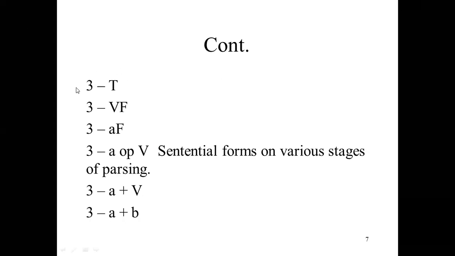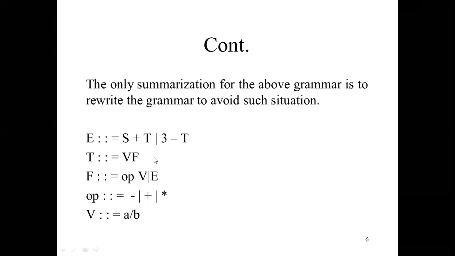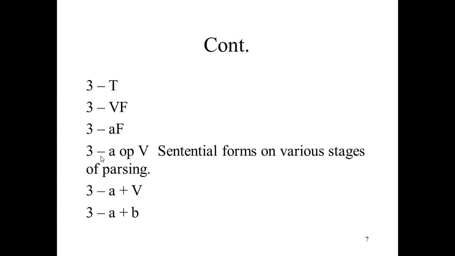So here I am going to choose the second option, 3 minus T. Now write the same thing, 3 minus, then what is T? T is VF. Then write here VF. Then 3 minus, what is V?